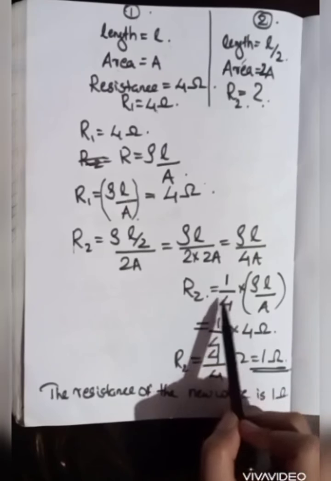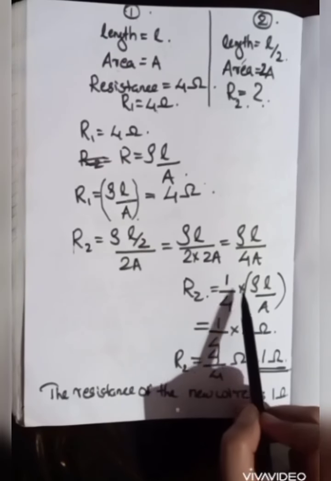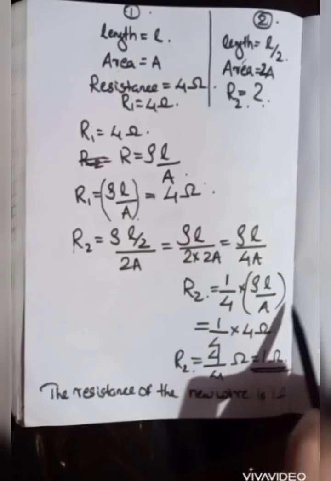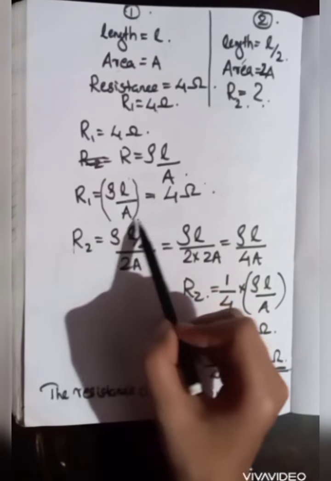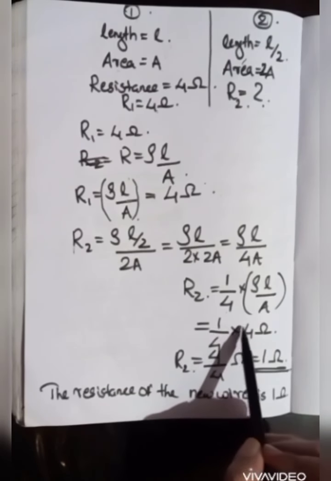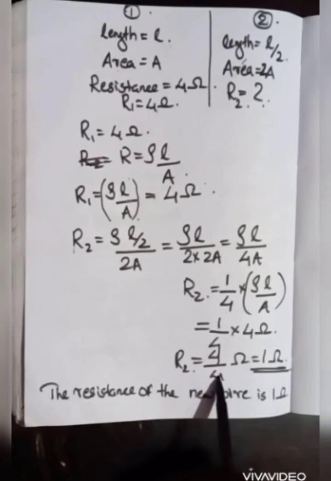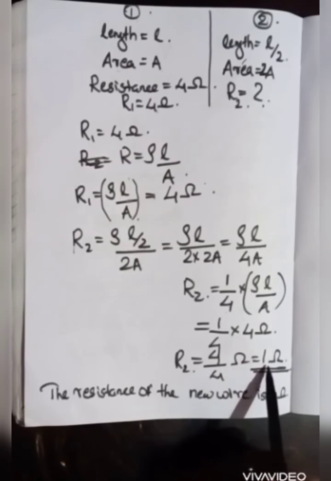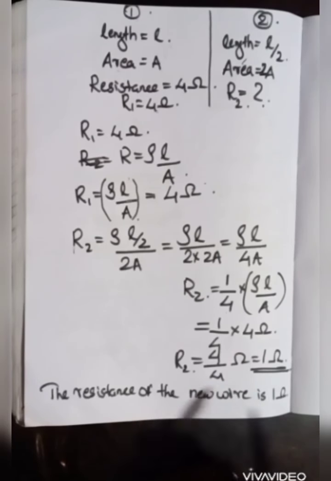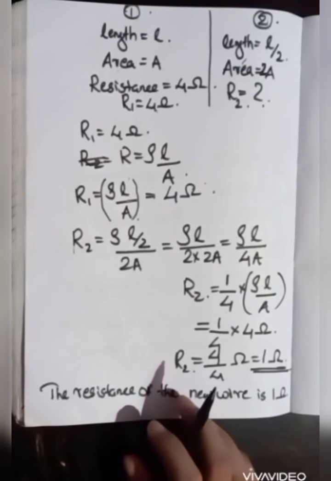Then 1 by 4 gets separated, 1 by 4 into rho L by A. We already said that rho L by A is 4 ohm. So 1 by 4 into 4 ohm is 4 by 4 ohm, that is 1 ohm. So the resistance of the new wire is 1 ohm. Hope you clear that.